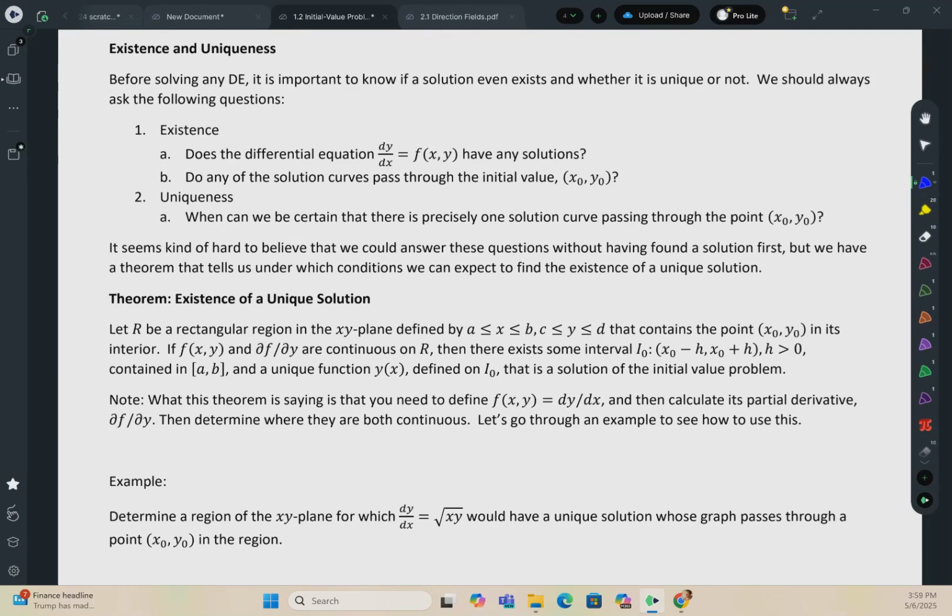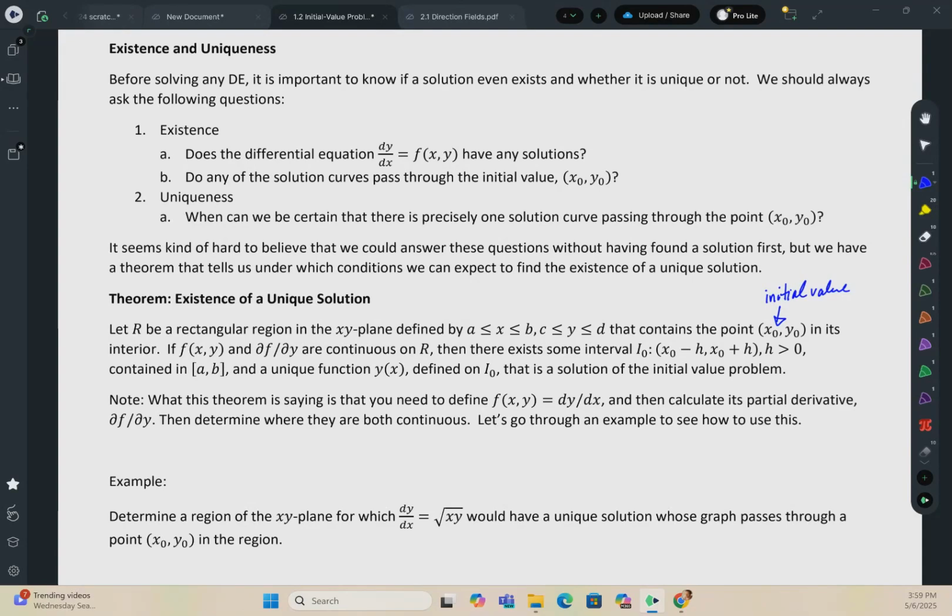The existence of a unique solution theorem says that we're going to let R be a rectangular region in the xy plane. A rectangular region just means x goes from some a to b and y goes from some c to d. And we want that region to contain the point x naught, y naught. Remember, this is the initial value, and that initial value should be somewhere in the rectangular region.